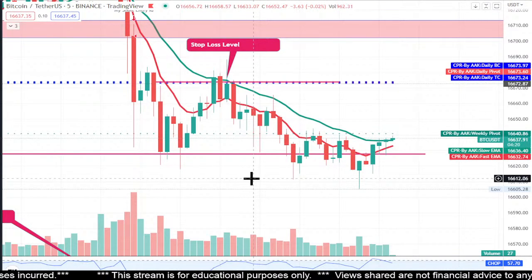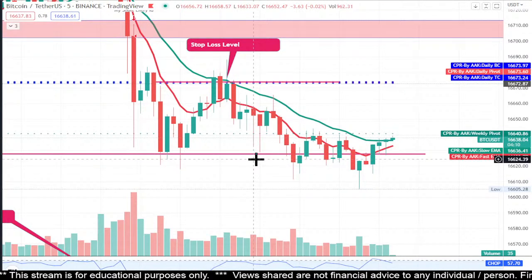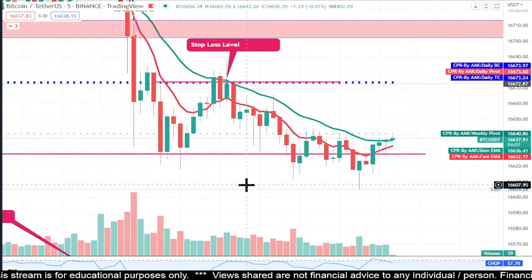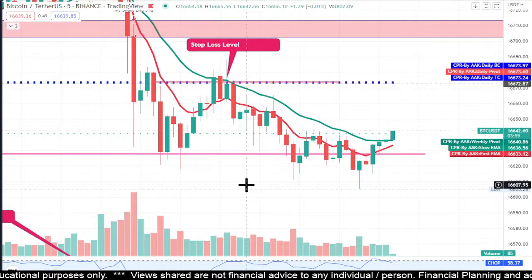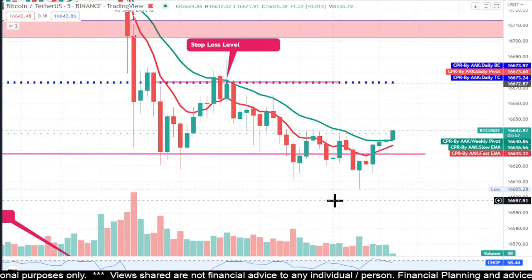So again we are retesting the level, and if we retest and again get stuck at the price of 627, then definitely the market is not moving down for some more time, and it will again spend a little more time between the two levels.